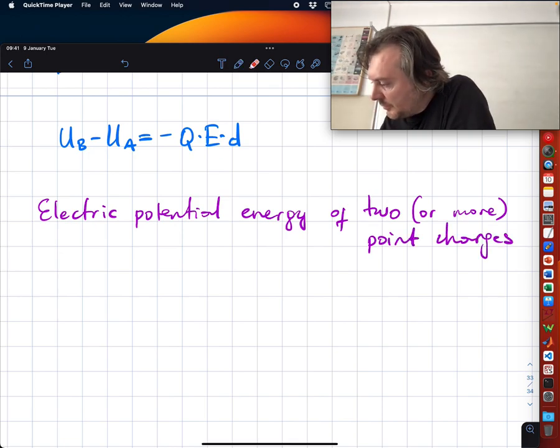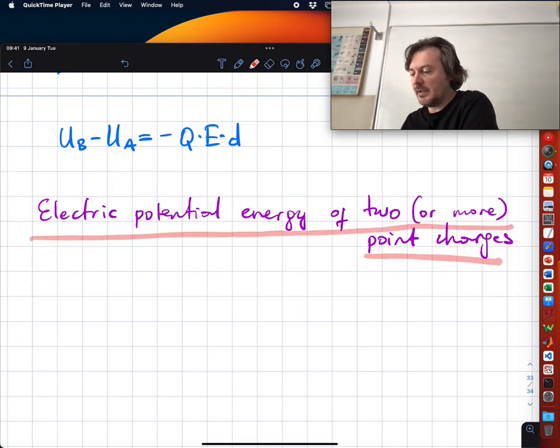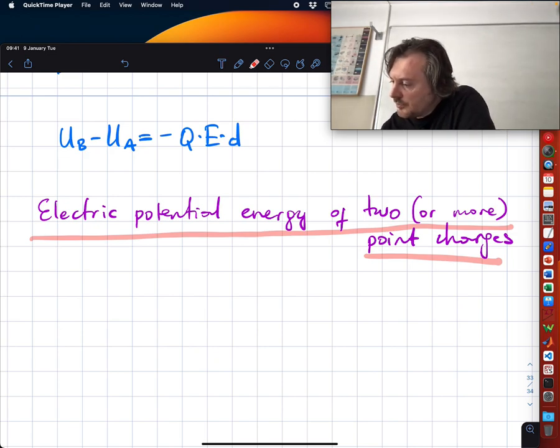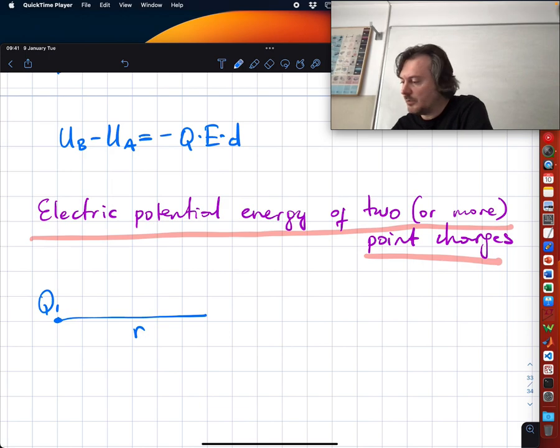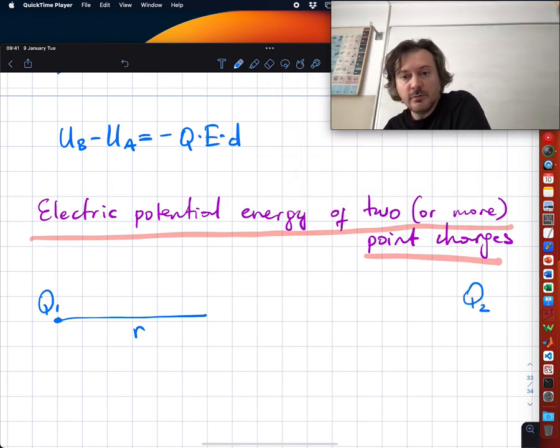What happens if you put together several charges and ask what is the potential energy? Now, to do this, let's start with one of the charges. Let's say I have Q1 here, and at a distance r, I'm going to put the Q2, but I'm going to bring that Q2 from infinity.